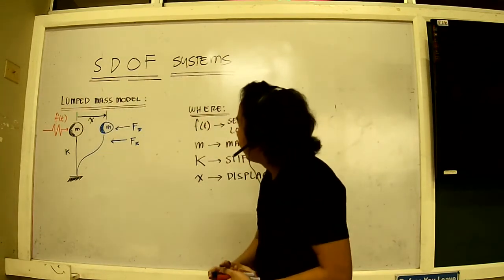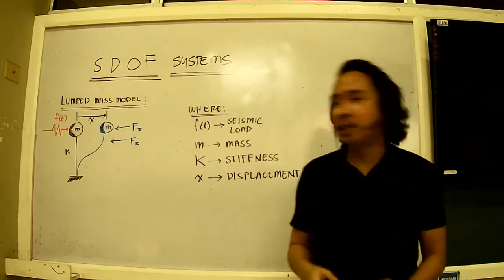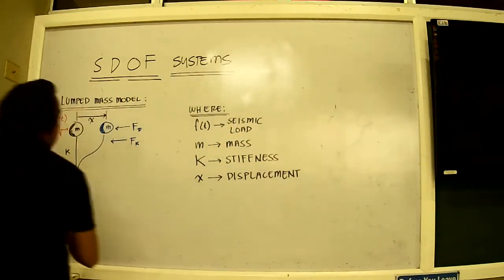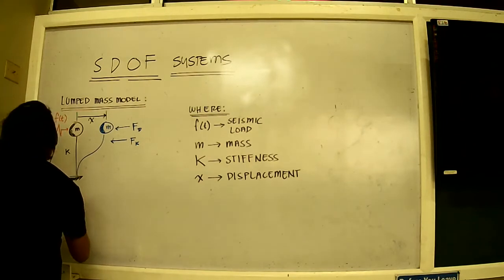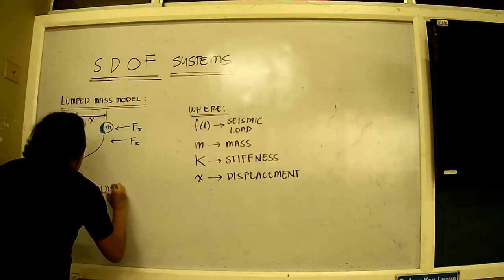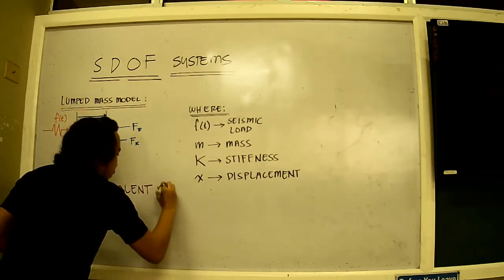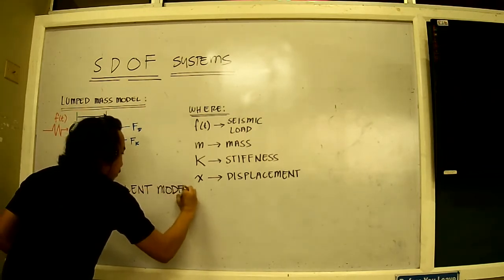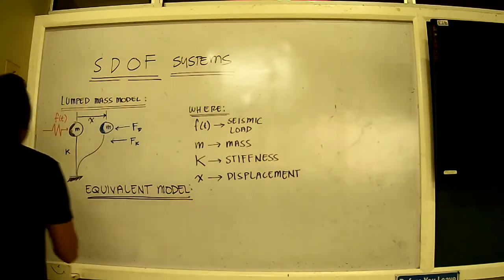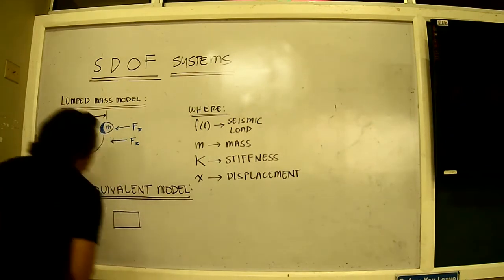Now, the lump mass model can also be further simplified into a more tangible equivalent. I would like to write down here the equivalent model, which can be similar to a small car.